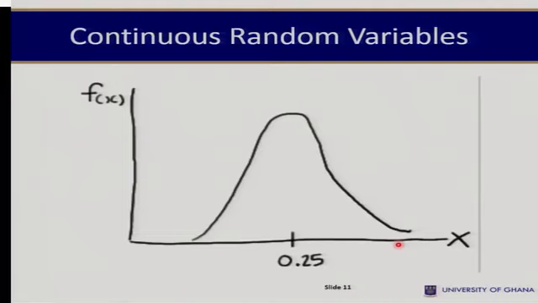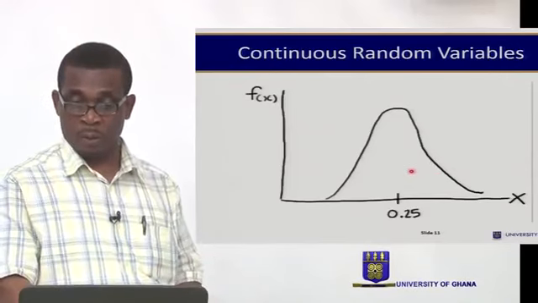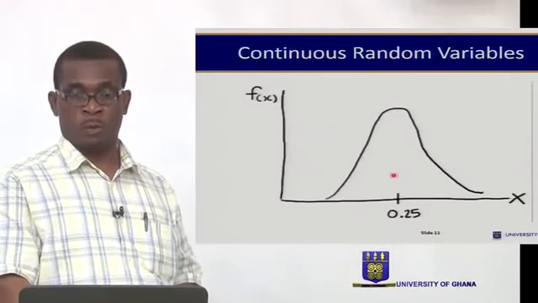Now this smooth curve is called a probability curve or a probability density function. And the total area under this curve is equal to 1. Remember, because we have computed relative frequencies, and the sum of the relative frequencies is equal to 1.